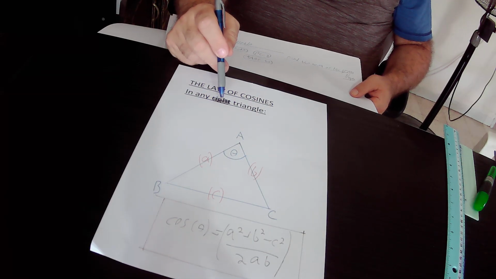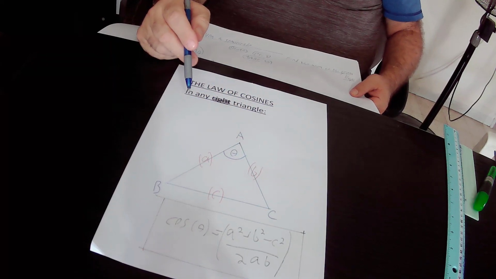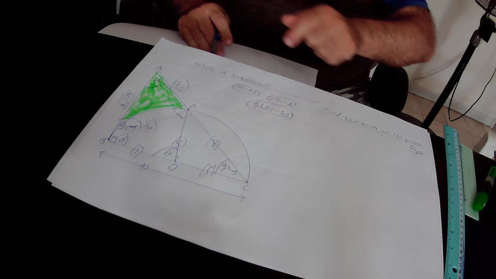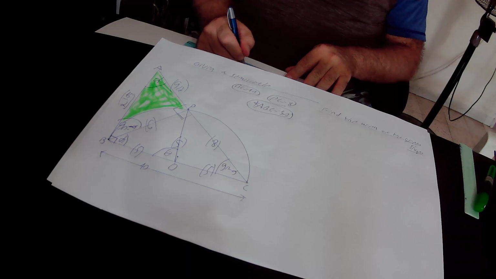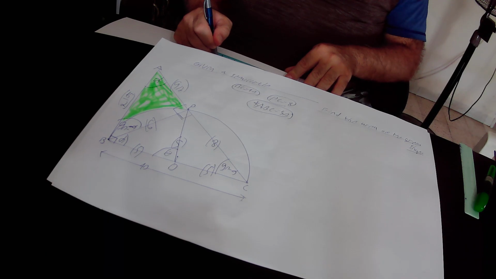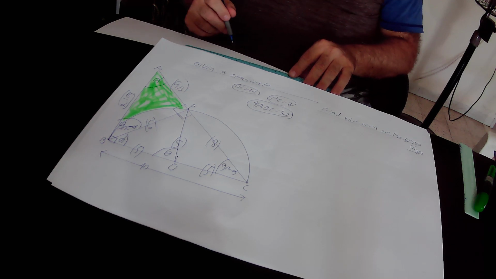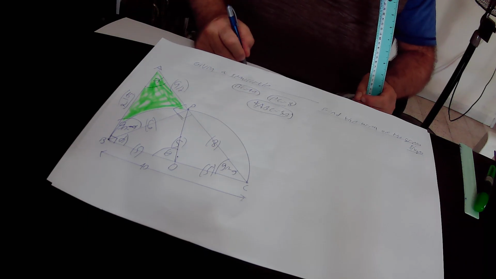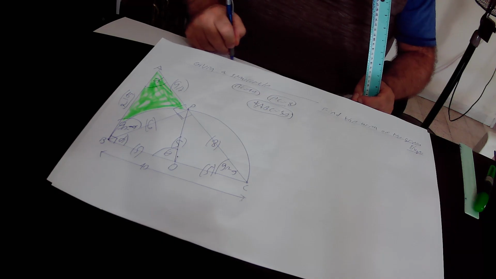According to the law of cosines, the following equation is true: cosine theta equals A squared plus B squared minus C squared over 2 times A times B. So, according to the law of cosines, in this triangle PBO, cosine theta equals 5 squared plus 5 squared minus 6 squared over 2 times 5 times 5.